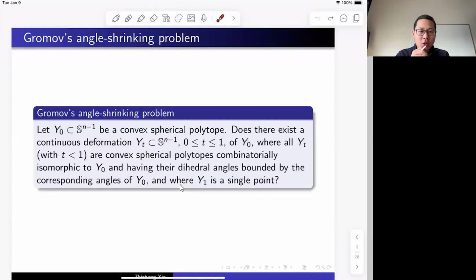So I will first introduce Gromov's angle shrinking problem, which is the following. Take a convex spherical polytope.